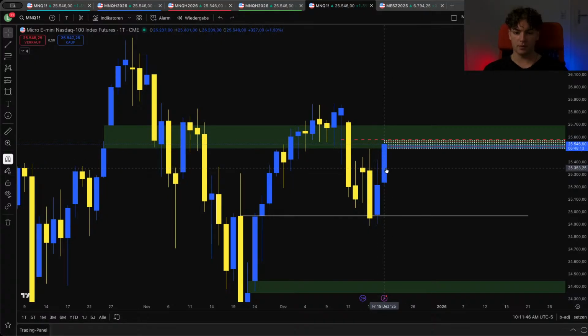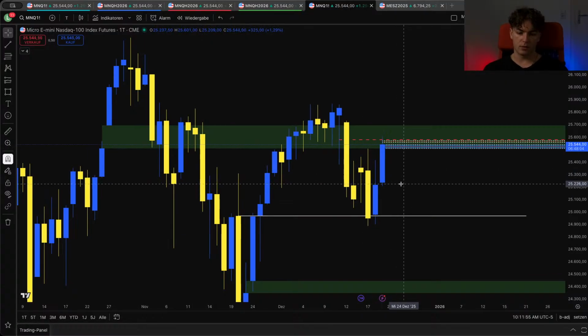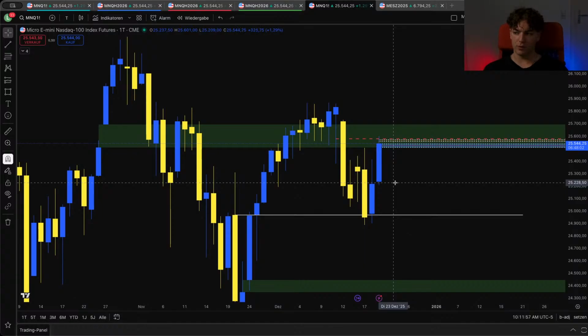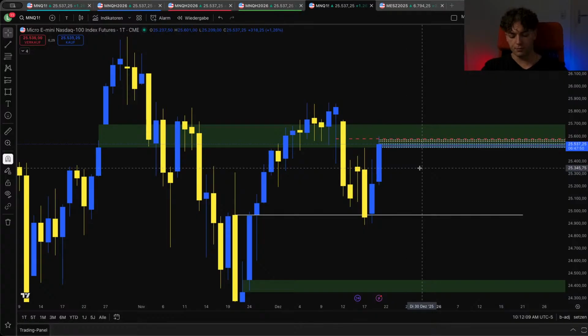If it happens that this is a wick and this candle closes in here inside of this volume imbalance, then I would still be rather looking for bearish and lower prices. So definitely depends on how we close and trade today.